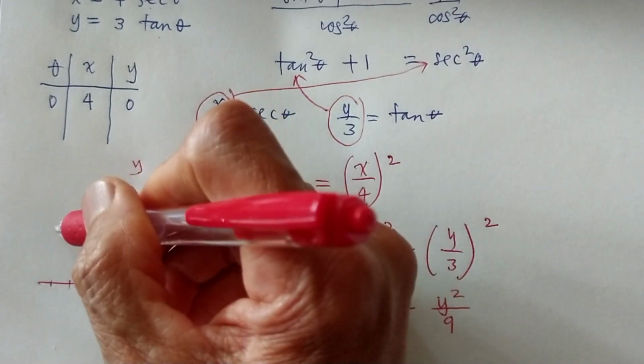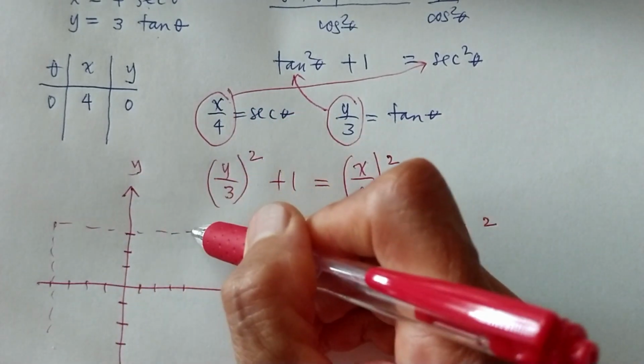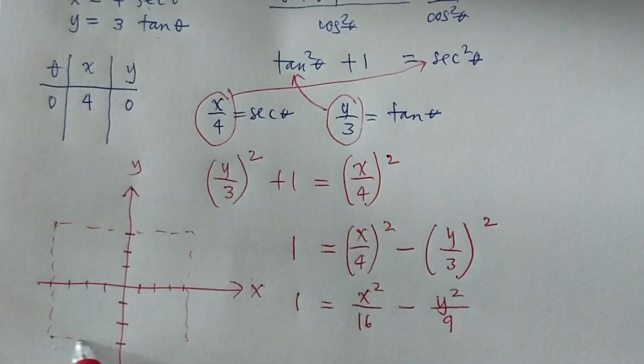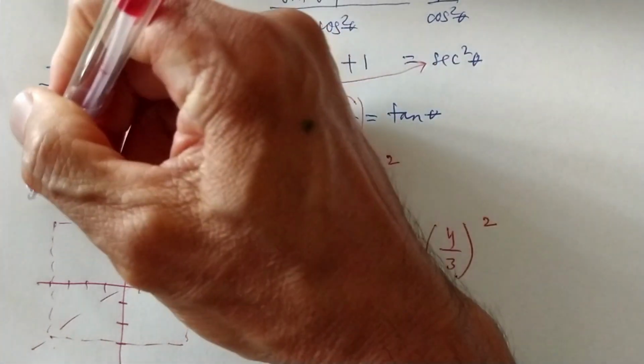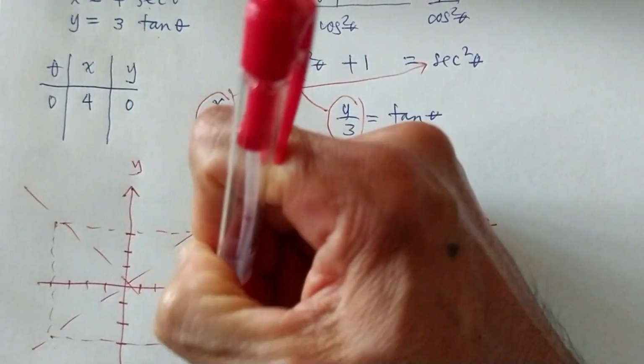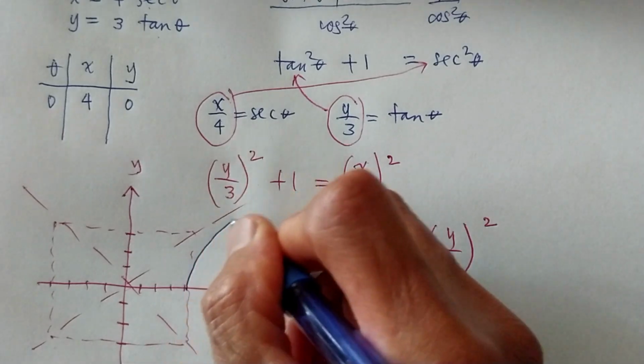And so this is our rectangle that will help us graph this hyperbola. These are your asymptotes. And so the hyperbola is given by this graph.